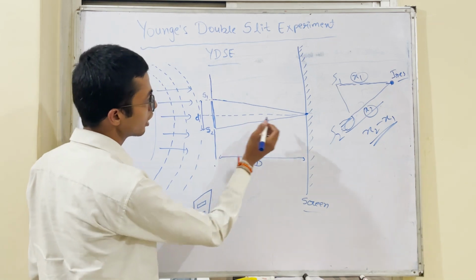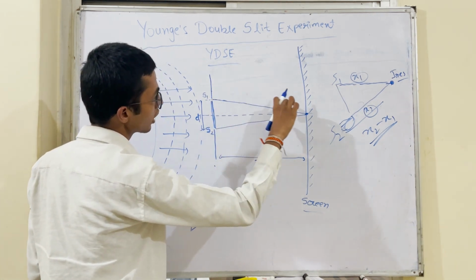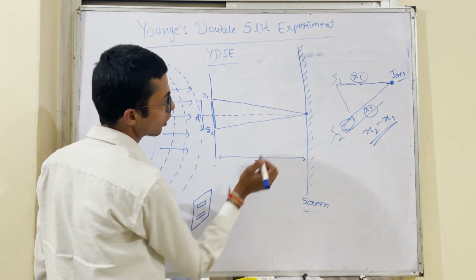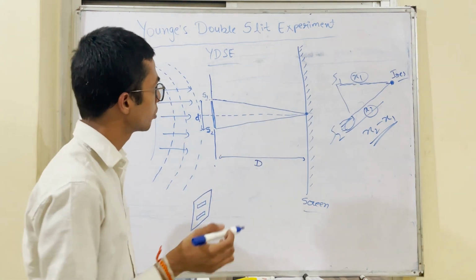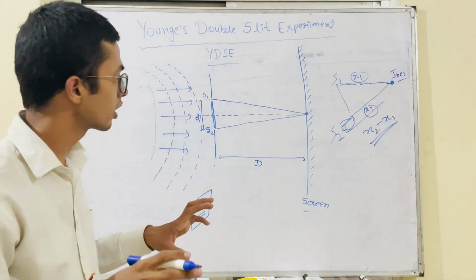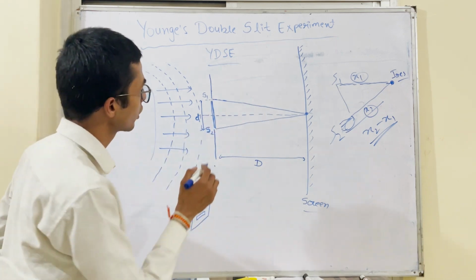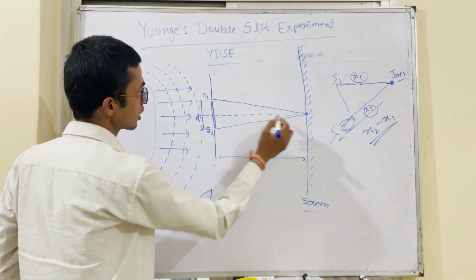Denoted as capital D. So when these two waves are interfering with each other, what is the phase difference, path difference? Because these are the same, no initial phase difference is there. And the path difference is also 0 because they are traveling the same distance.